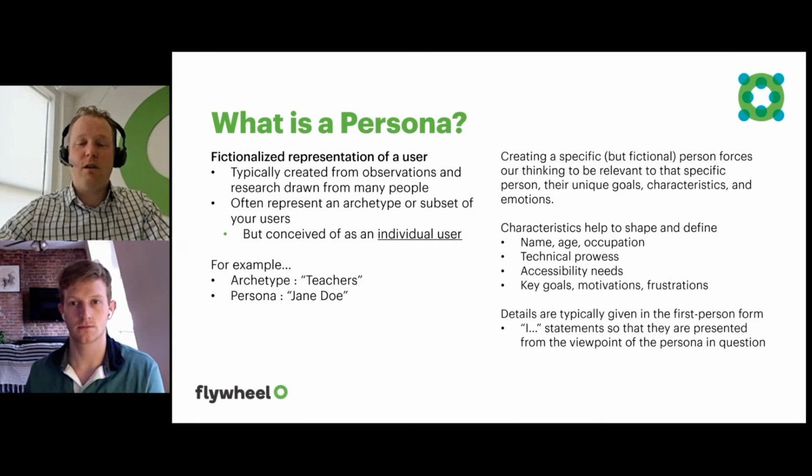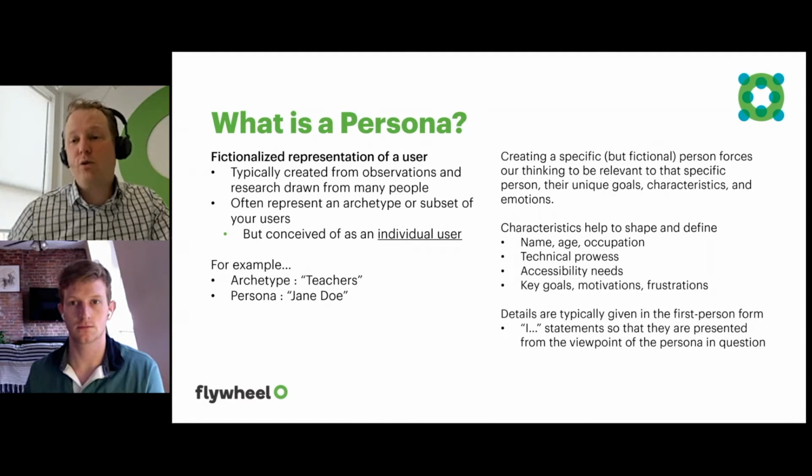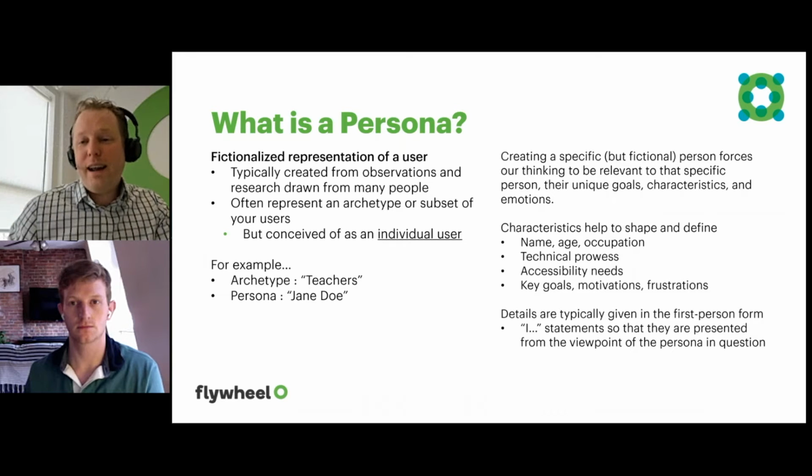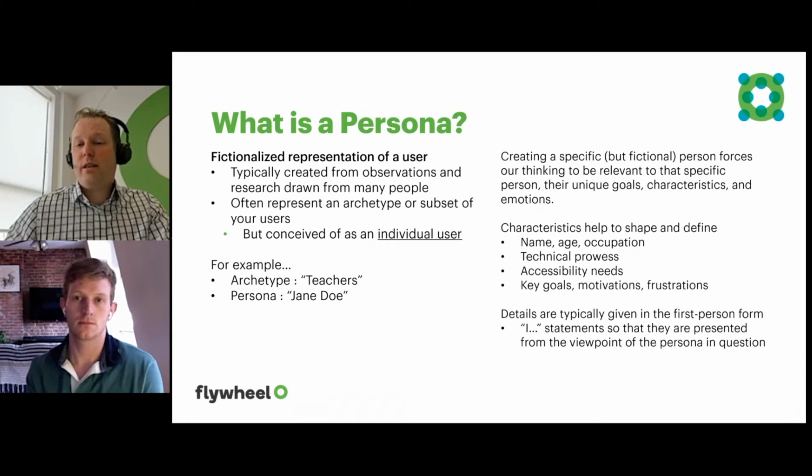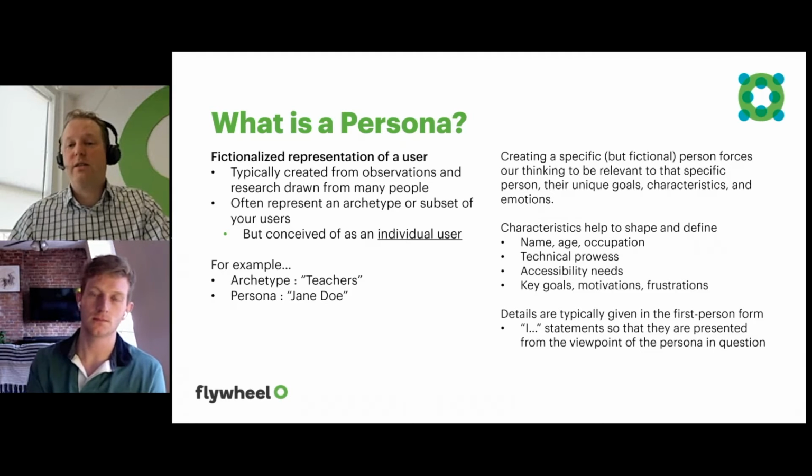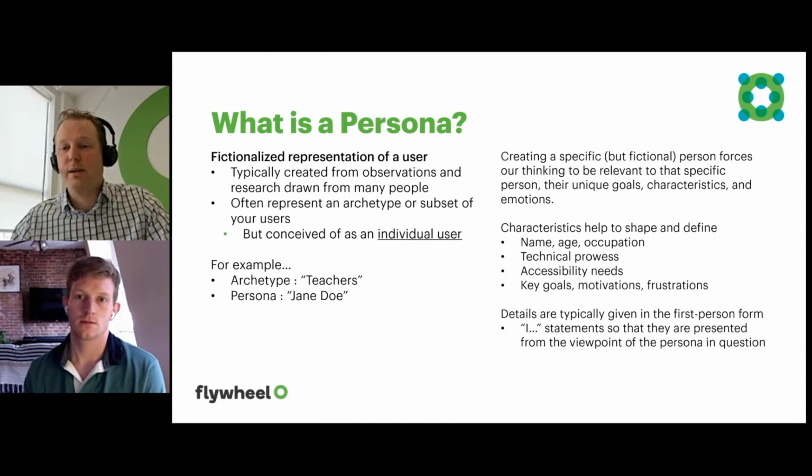But as soon as you call the financial advisor by a name and get specific about making up some criteria, like what school did they go to, what neighborhood do they live in, what are some of the other unique goals and characteristics and emotions that person embodies, all of a sudden it takes on a very real definition. I just named a few of those characteristics, but that's really what I'm getting at here: characteristics to help shape and define your persona.